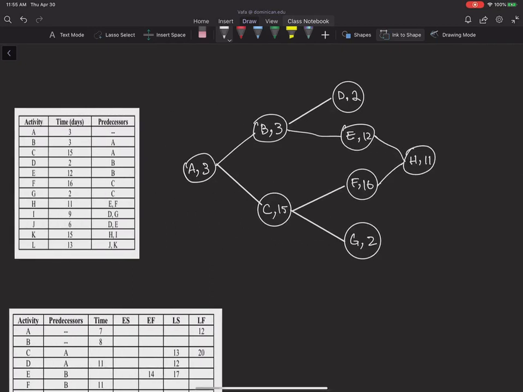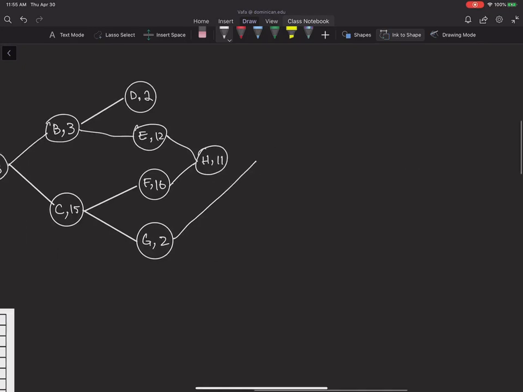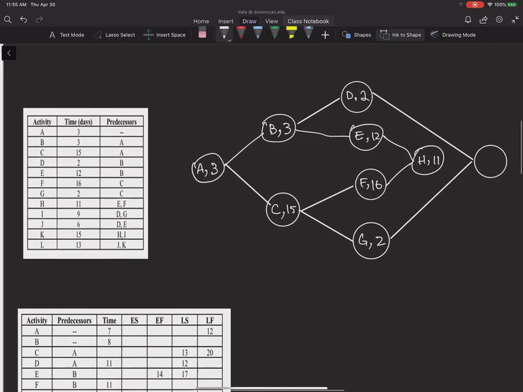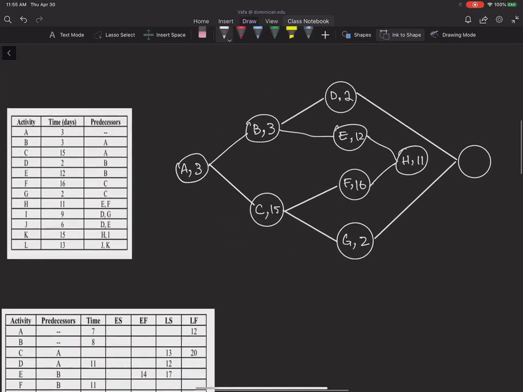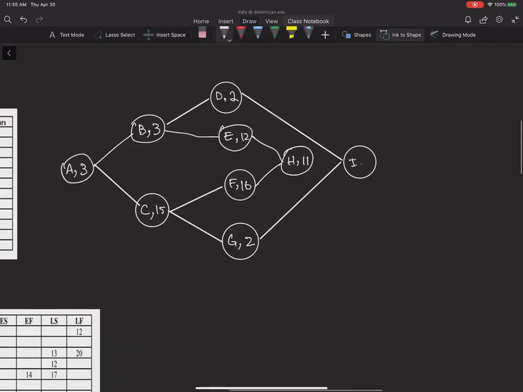Then you can see that activity I starts after activity D and G. Okay, so this is going to be how I'm going to show it. This is activity I, I'm sorry, that can start after D and G, and the duration is going to be 9 weeks or days.